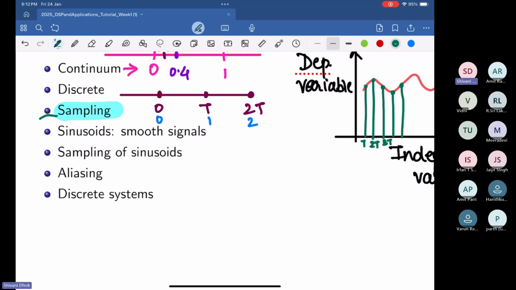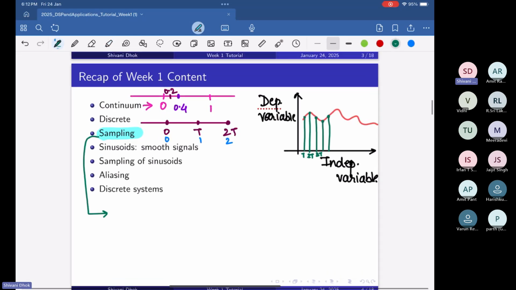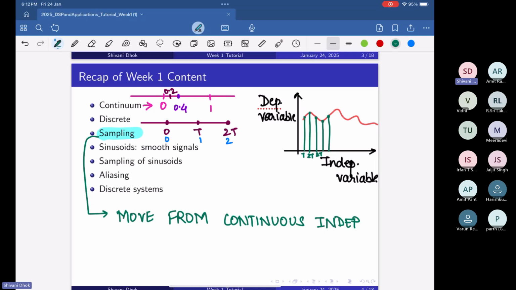So what does sampling do? It allows us to move from continuous independent variable to discrete independent variable.